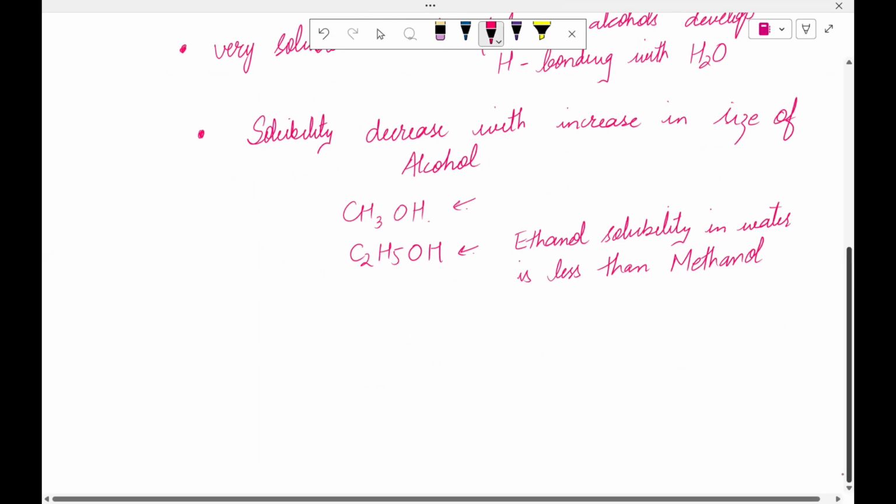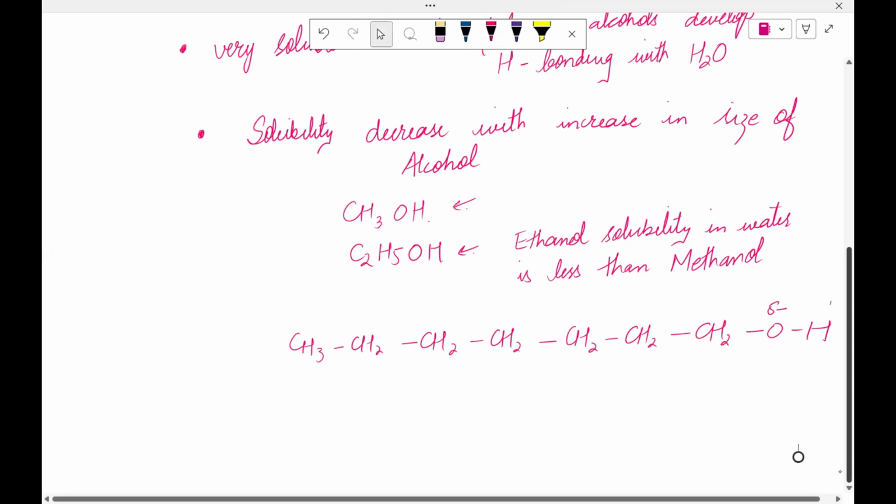If I show you a molecule, for example this one, CH3, CH2, CH2, CH2, then CH2, so 3, 4, 5, 6, 7, dash O-H.